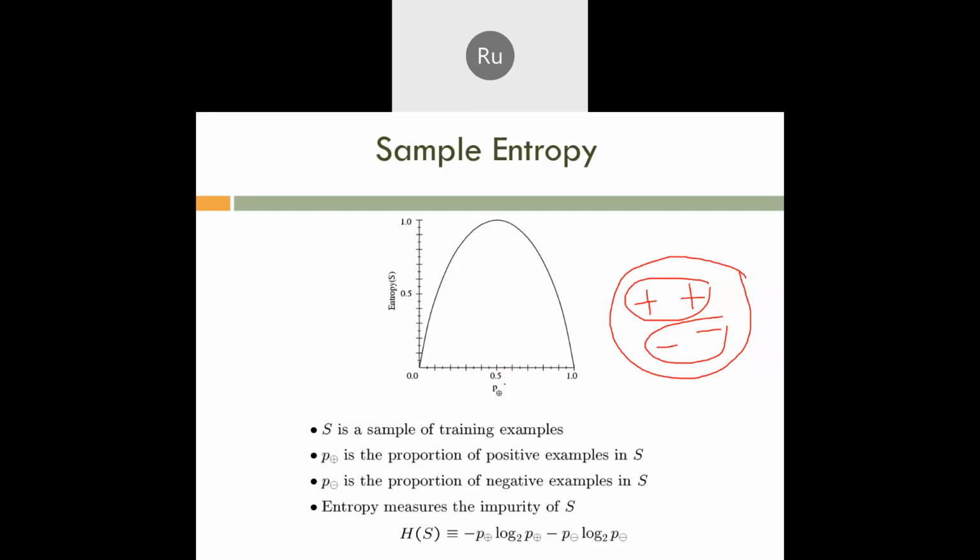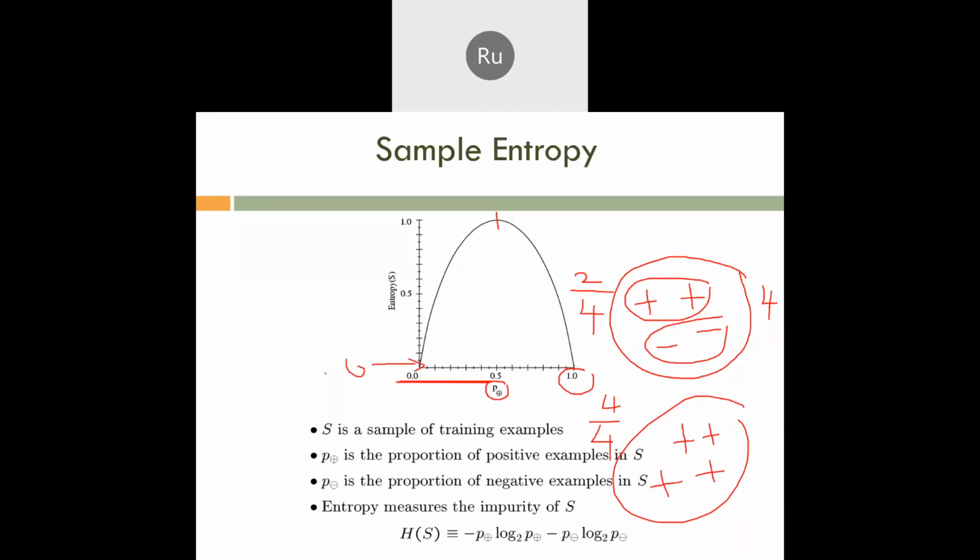Your positive is only half of them; because we have 4 here, the positive is 2 over 4. When your positive sample is only half, you reach the maximum value of entropy. If all the members of this group belong to positive, which means 4 over 4, your entropy will be 0.